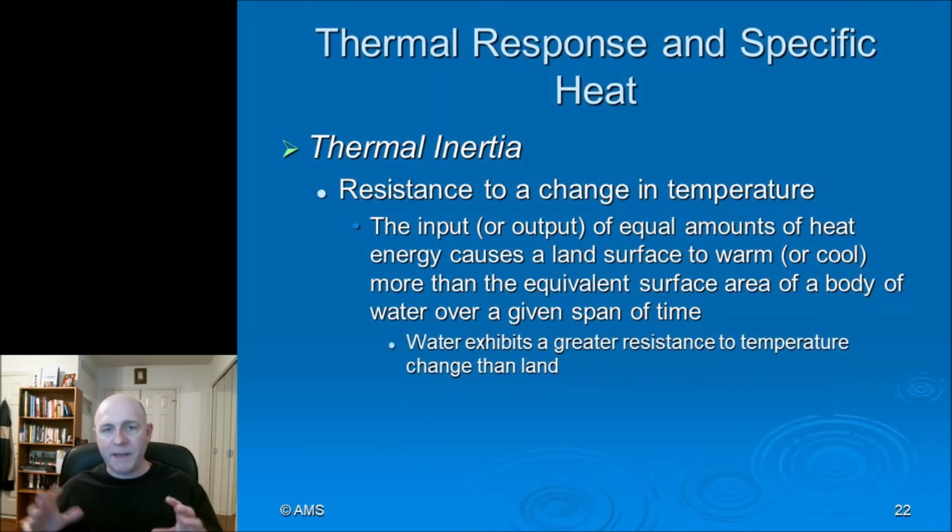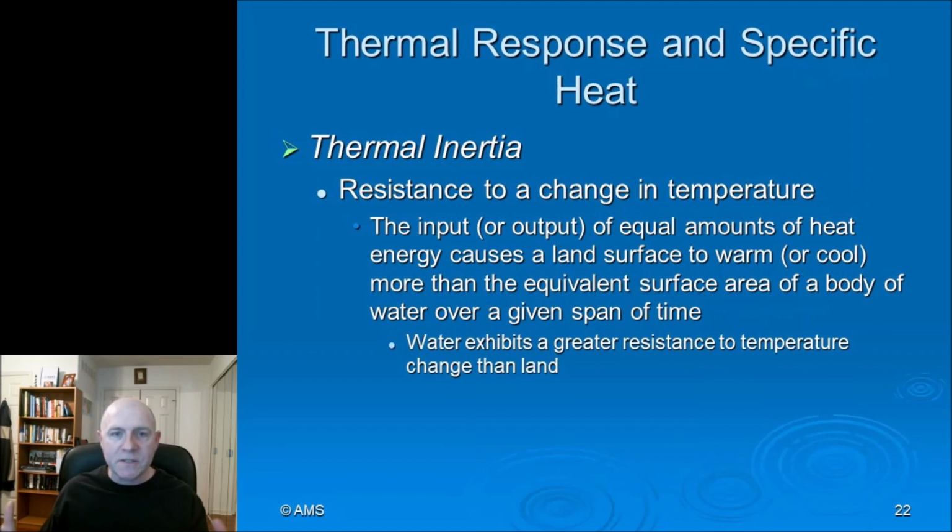So thinking about that, there's this other term that's not really quantitative called thermal inertia. So it's the resistance to a change in temperature. So the input or output of equal amounts of heat energy causes a surface to warm or cool more than the equivalent surface of a body of water over a given span of time. What does this mean?